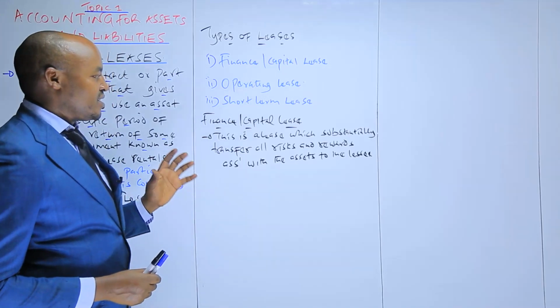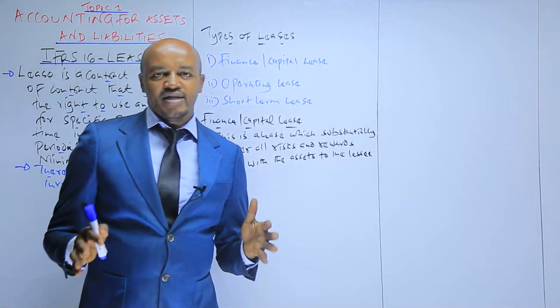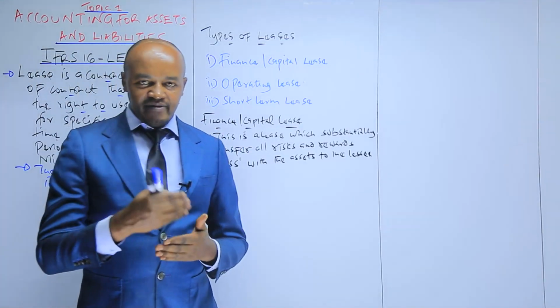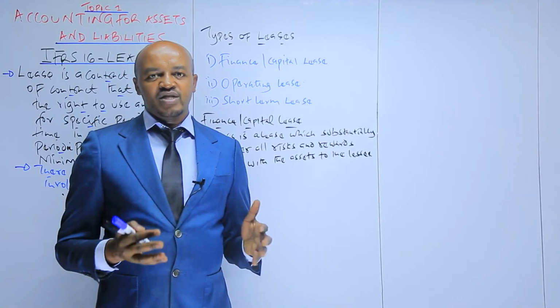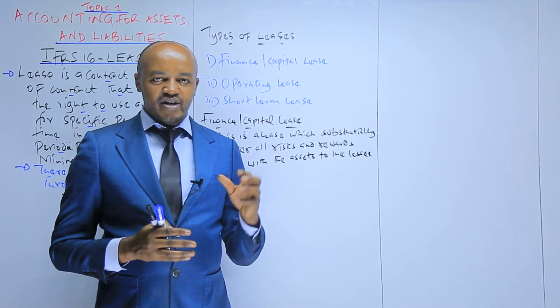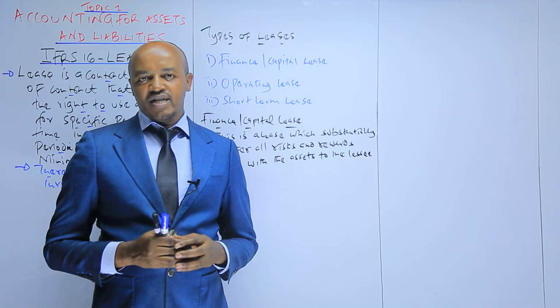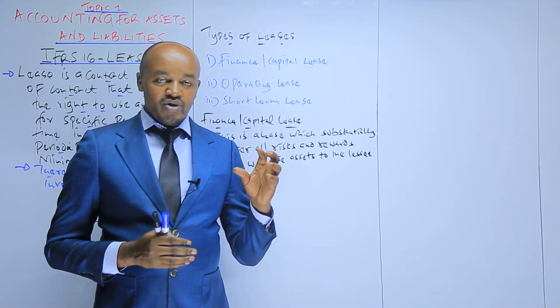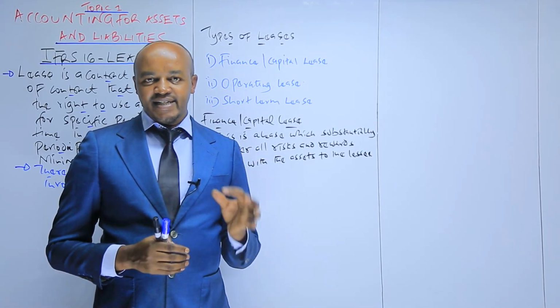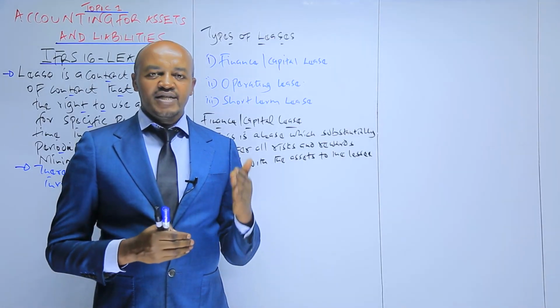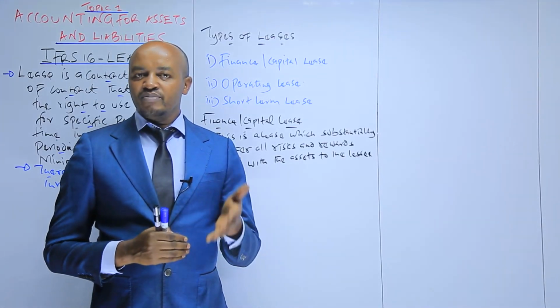Basically, what that means is that if, for example, you lease an asset from the owner, any benefit or reward associated with that particular building, for example, the rent generated by that building, will now have to be collected by you as the lessee. And number two, the risk associated with that building will also be transferred to you.